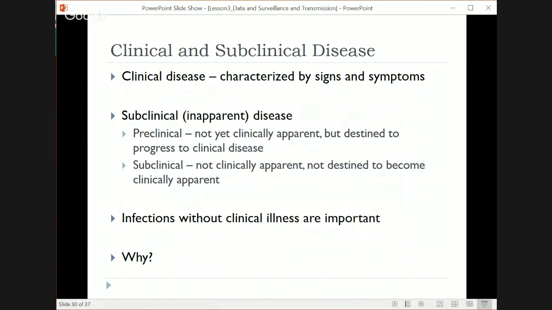And in terms of subclinical, the inapparent disease, we have two stages. There's preclinical, where disease is not yet clinically apparent but is destined to progress to clinical disease, and subclinical, where it's not clinically apparent and not destined to become clinically apparent. So Mary would have been subclinical.